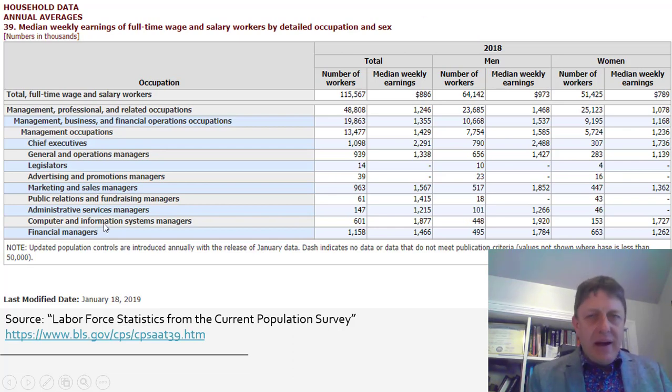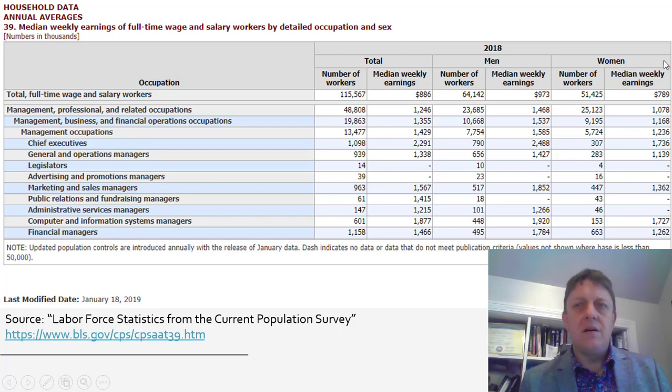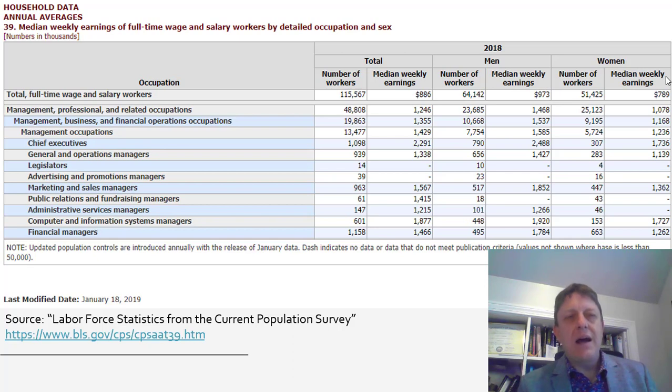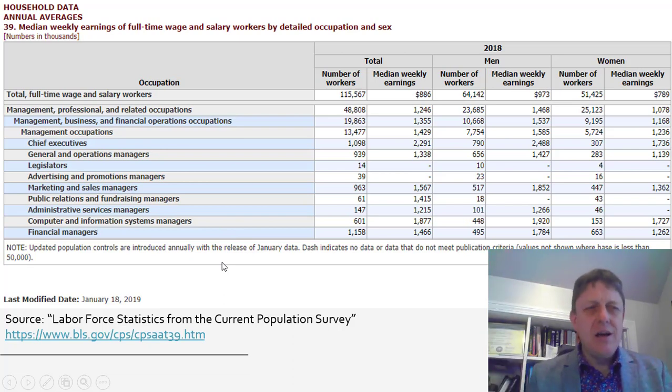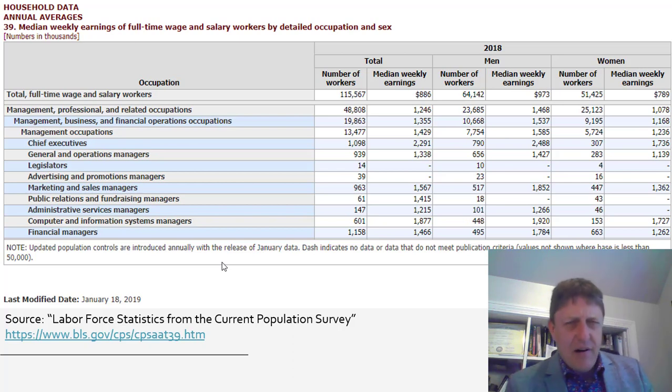We have occupations, and we have median weekly earnings for men and women. That's at least 3 variables there. And actually, if you follow the link down at the bottom of this page, you'll see that I've truncated the table. It's quite long, just so you can get an idea of what's being presented in this table of government statistics.